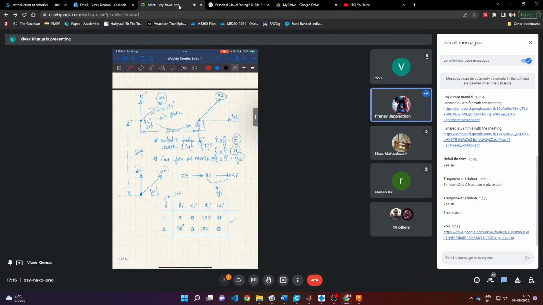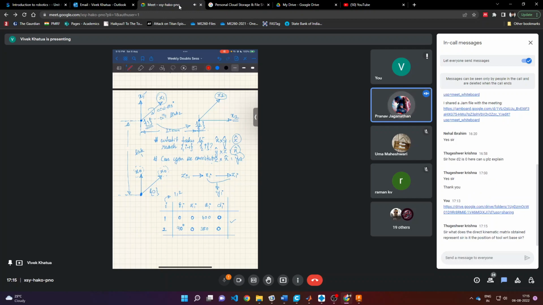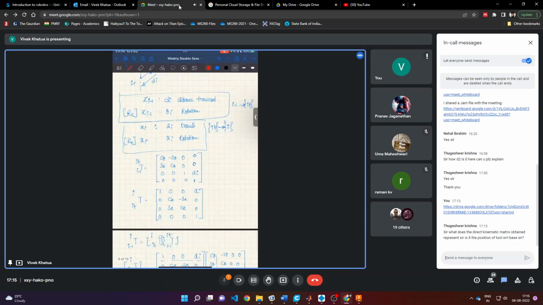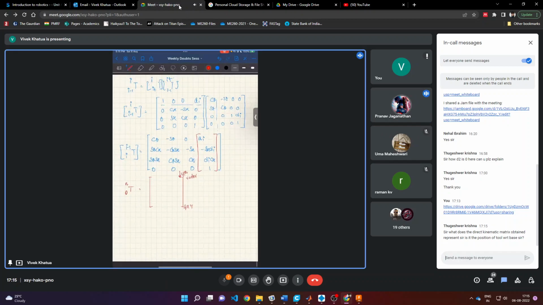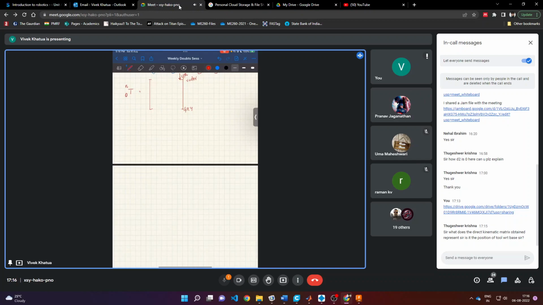For a tooltip having composite rotation of yaw 90 degrees, pitch 45, and roll 60, find the resulting composite matrix. This is from week two. Okay, let me put it through.